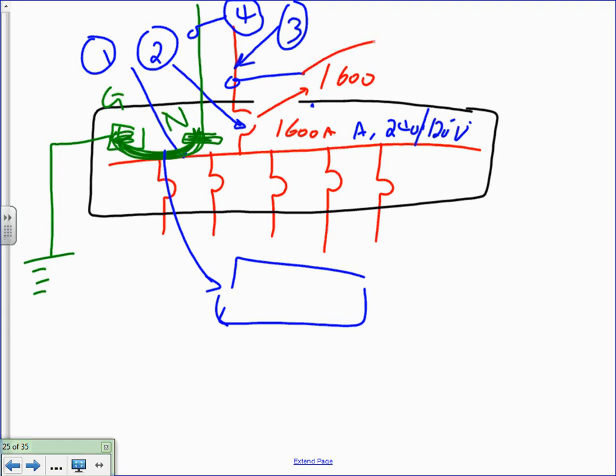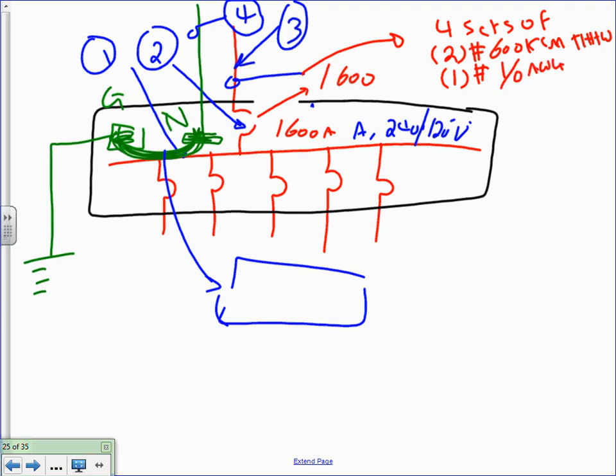What was the size of the conductors? 4 sets of 2 conductors, number 600 kcm THHW, and 1 conductor, number 1 aught AWG THHW. That's what engineers will write. That's what I want you guys to write me tomorrow. It's not enough to say 4 aught or 1 aught. How many and what insulation?